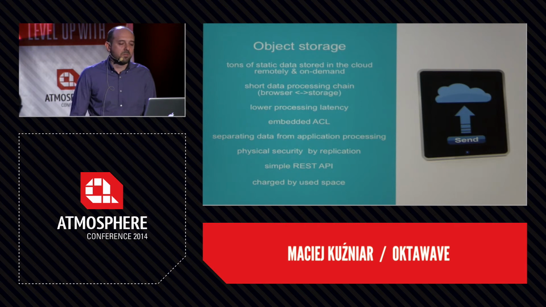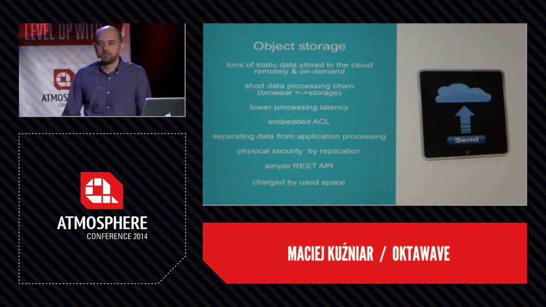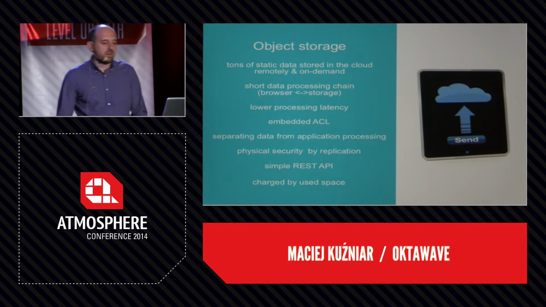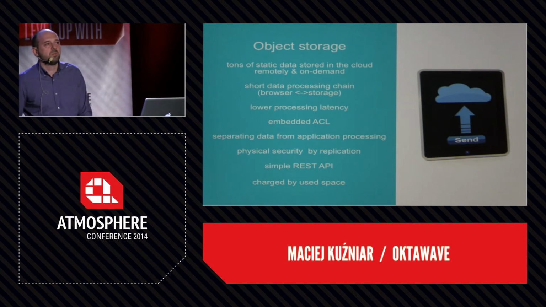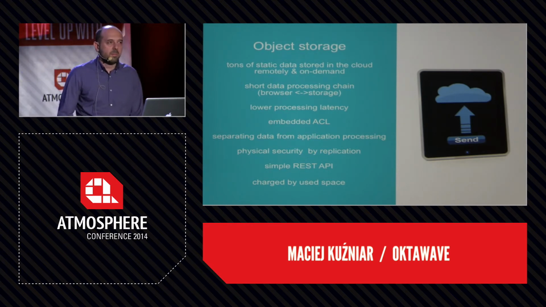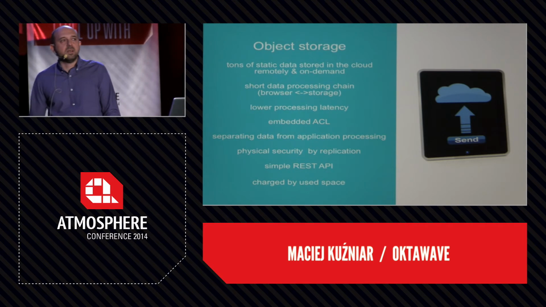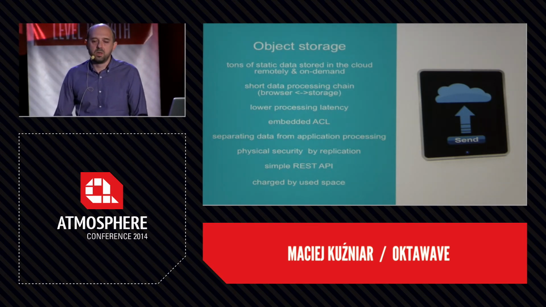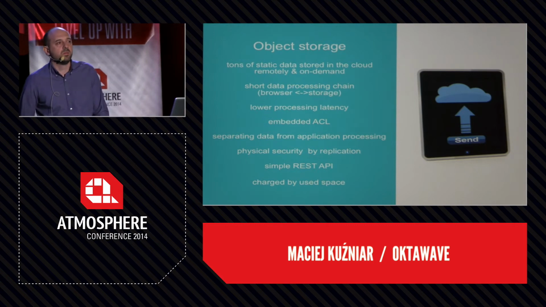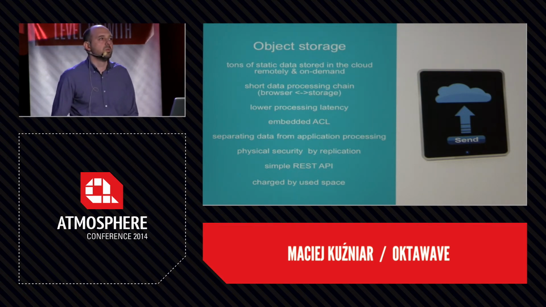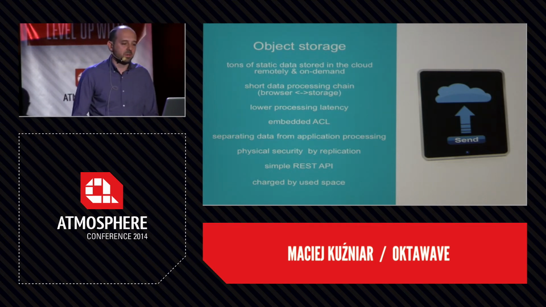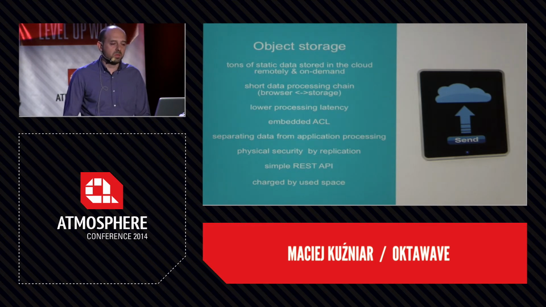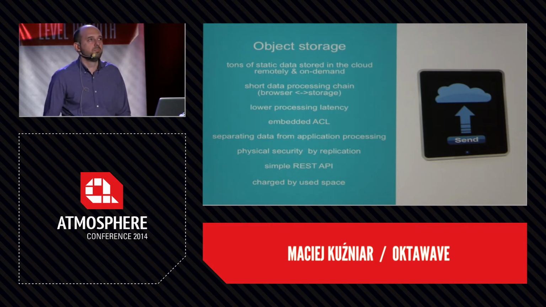This means that we have shortened data processing. If so, then it means that you have lower processing latency. As you remember, it's really important, for example, for mobile devices. Well, we have embedded ACL. If you are building your own application which holds tons of data, and you are using a well-known solution like NFS, GlusterFS, maybe rsync, maybe something else, then you have to build a solution which is able to make your data secure.